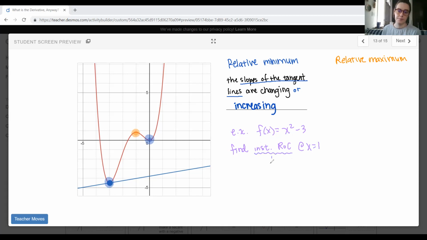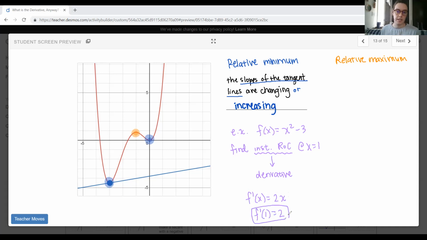If you remember, this is what the derivative represents. So we can take the derivative and then plug in 1. So the rate of change would be 2x, but at 1, we're going to get 2.